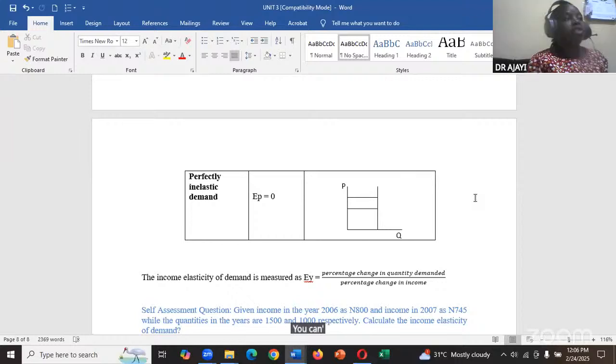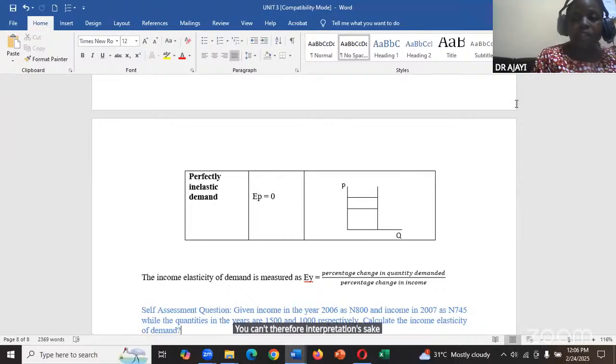For interpretation's sake, you can approximate to 1, but because it is so close to 1, your interpretation is going to shift to unitary. But if you leave it as 0.99, you know it's less than 1, then your interpretation can be inelastic, because it is less than 1.